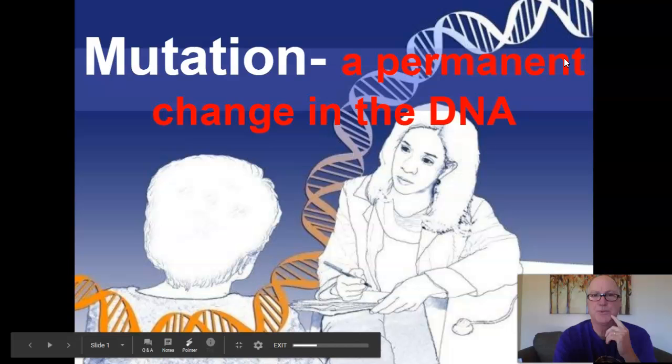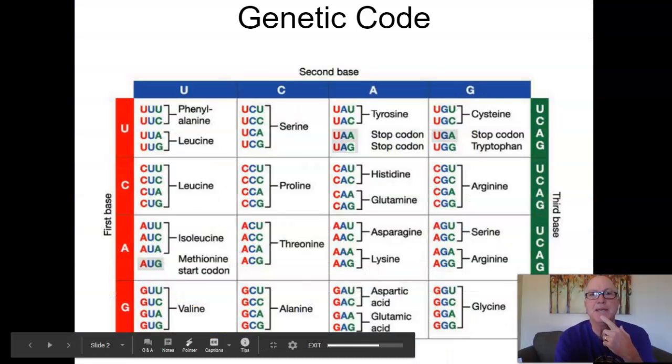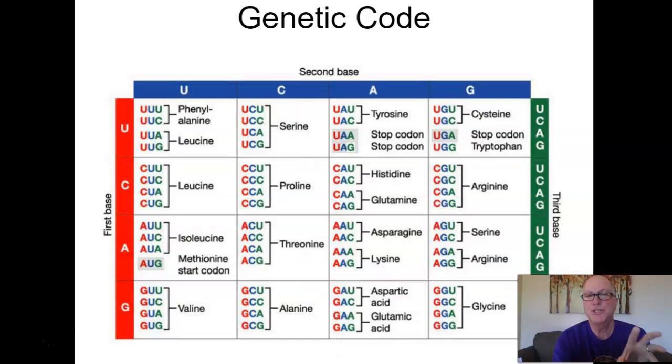So we've already defined what a mutation is, a change in the DNA. And I do want to make sure that you understand how to use the genetic code tables. There are two of them. One of them is on your note sheet, and it's this box one. And of course, you only read the messenger RNA code because you are pretending to be a ribosome translating the messenger RNA into an amino acid.